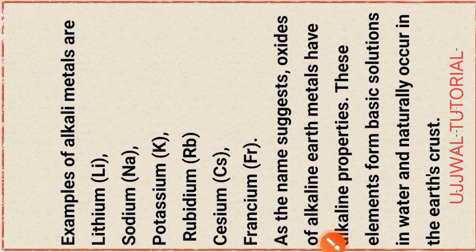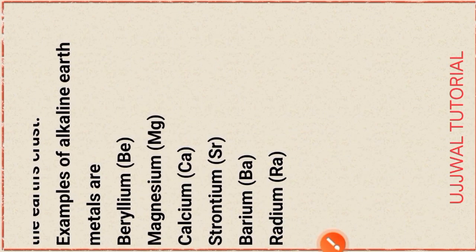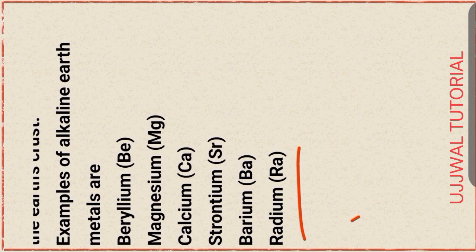Alkali metal francium, symbol Fr, is a radioactive element, and alkaline earth metal radium, Ra, is also a radioactive element. So in the S block, francium, Fr, and radium are radioactive elements.